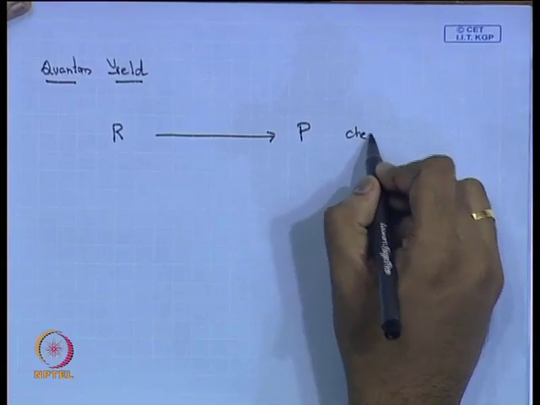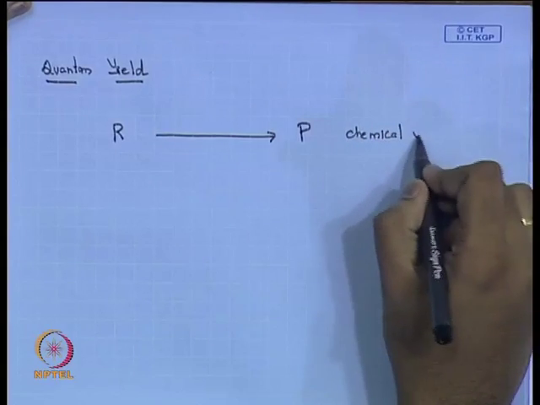If you take 1 mole of reactant, when do you say the reaction is 100%? You take 1 mole of your reactant and you get 1 mole of your product, then you say the reaction is 100%, right? That is just a chemical yield, for any reaction.